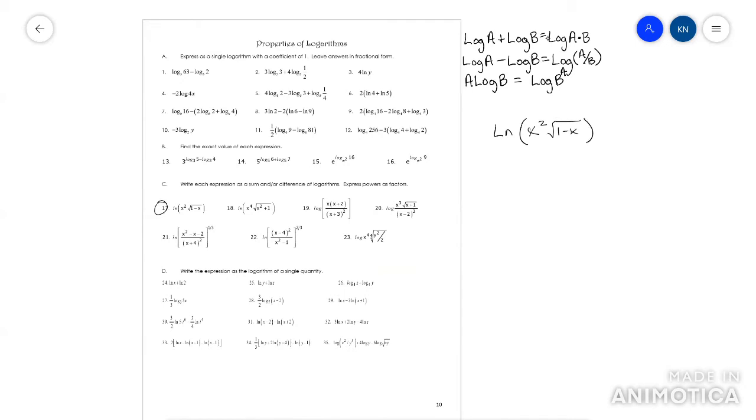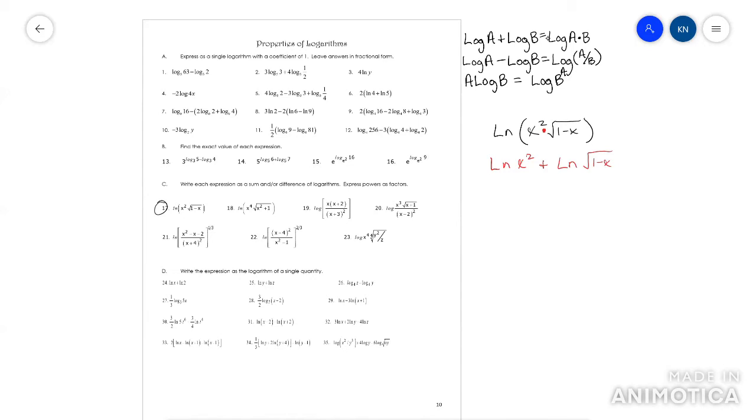When you look at this problem, you should realize that it's x squared times the root of that. To break it into 2, you break them apart and call it a plus in the middle. So it's ln of x squared plus ln of the square root of 1 minus x.